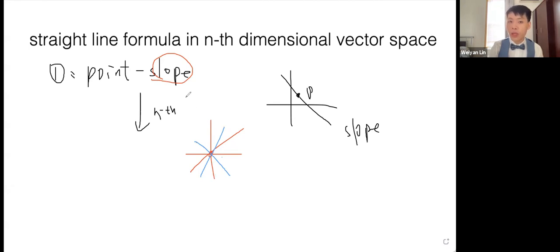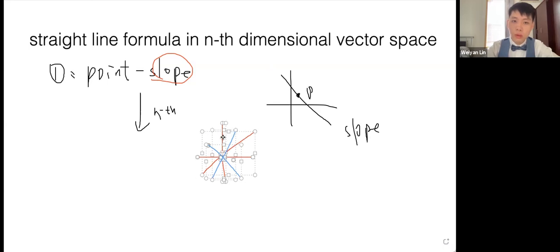Because you have more than one plane, unlike the XY plane you talk about in 2 dimensions.